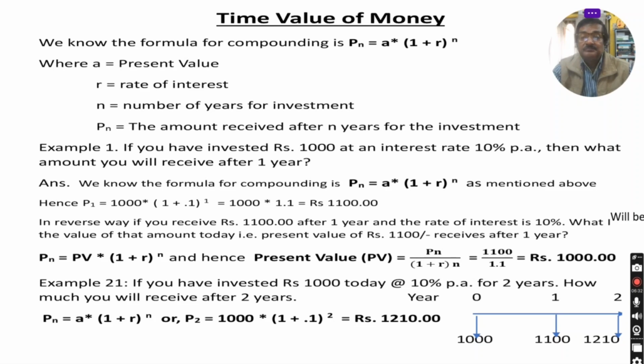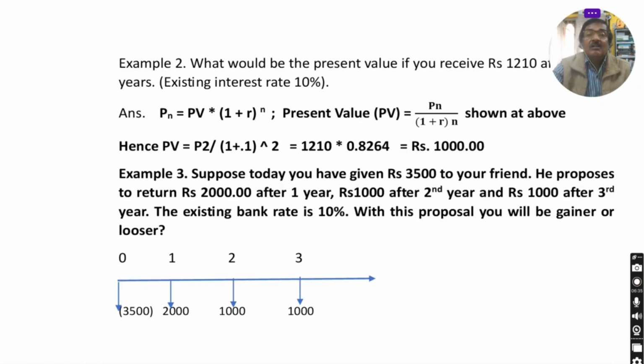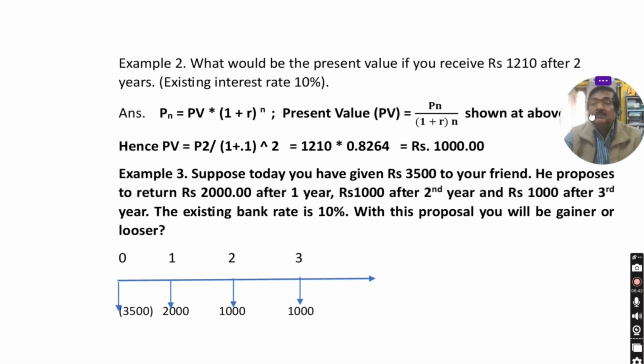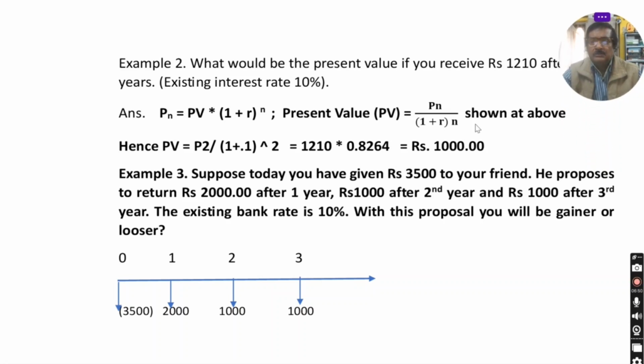Next. Example 2. What would be the present value if you receive rupees 1,210 after 2 years? The existing rate of interest is 10%. That means you are receiving this amount after 2 years, that I have just now discussed. In this case, we are going to find out the present value.